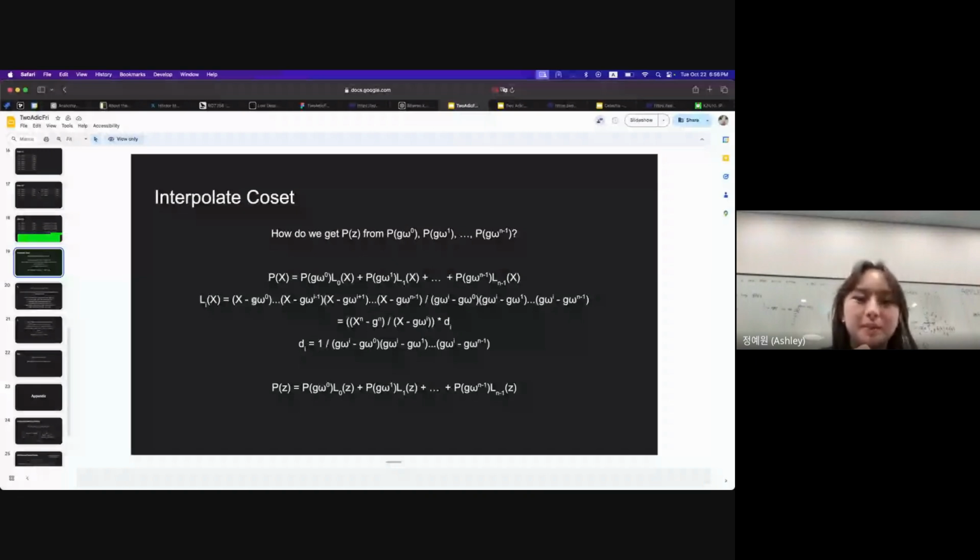This shows what the Lagrange polynomials are: x minus all the other values on top, all those multiplied except for the original one, and on the bottom the term's value minus all the other values. That's what a Lagrange term is. And when we do this, we can interpolate and create a polynomial.